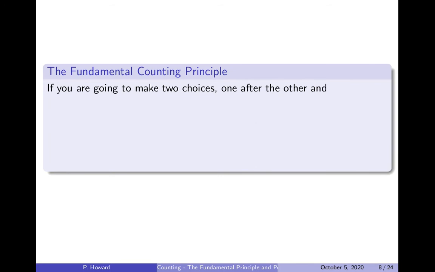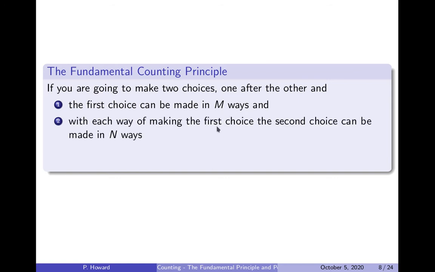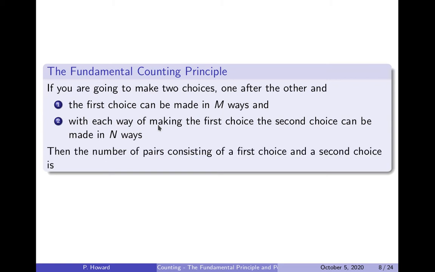And here is the fundamental counting principle, which is a generalization of the example we just looked at. If you are going to make two choices, one after the other, for example, a sandwich and a drink, and the first choice can be made in m ways, and with each way of making the first choice, the second choice can be made in n ways, then the number of pairs consisting of a first choice and a second choice is m times n.